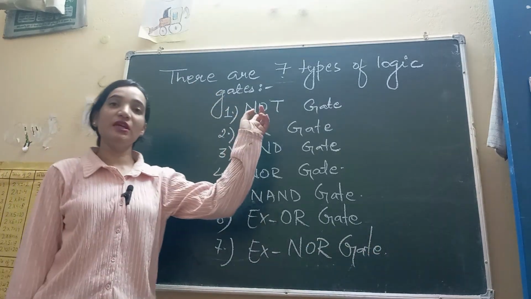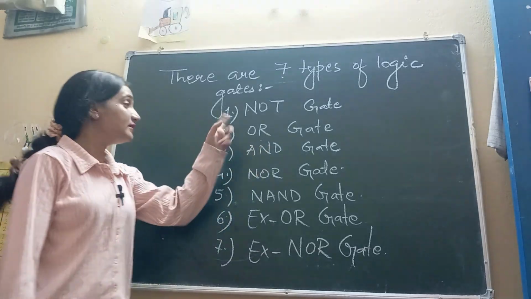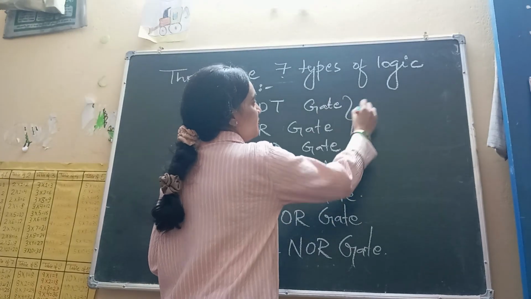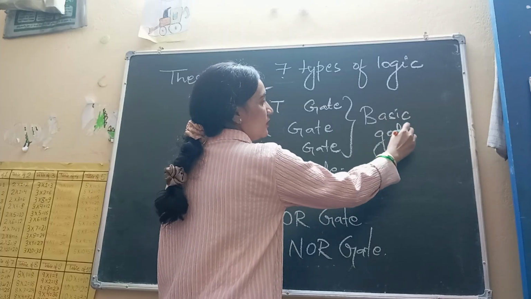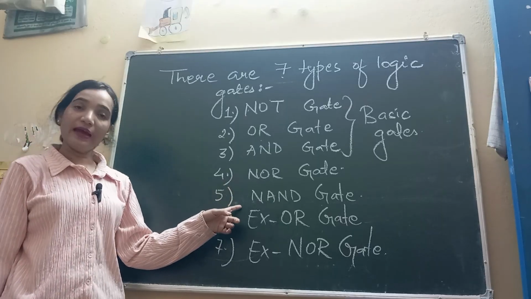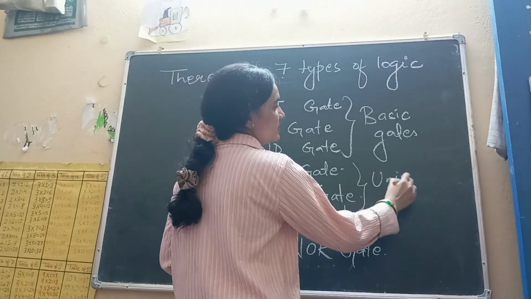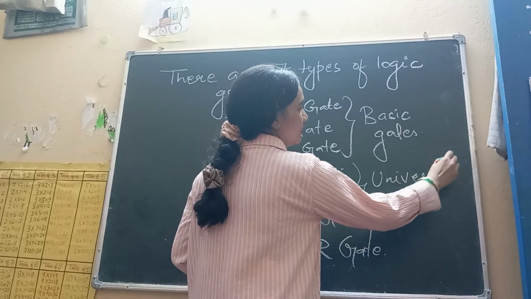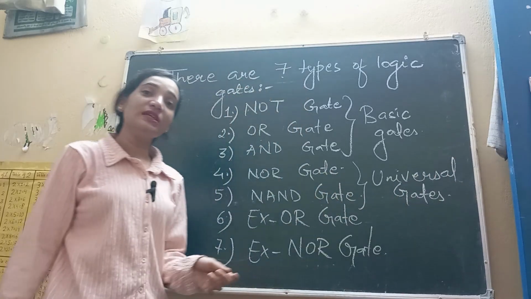Here the first three, NOT, OR and AND, are the basic gates. NOR and NAND gates are known as universal gates. Why universal gates?